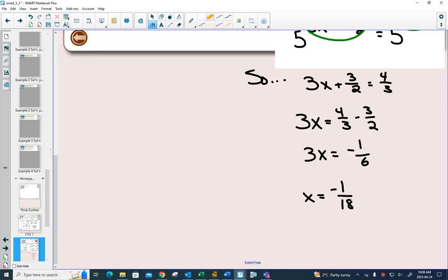And divide both sides by 3, and we get negative 1/18. Not something that could probably be easy to see by guessing and checking.